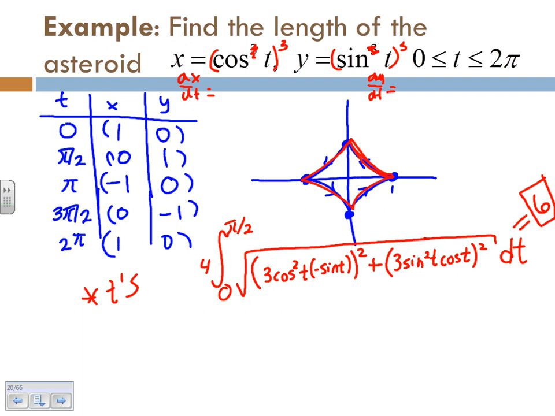You've got to simplify all that inside stuff. It's actually not bad at all. Did you square it?